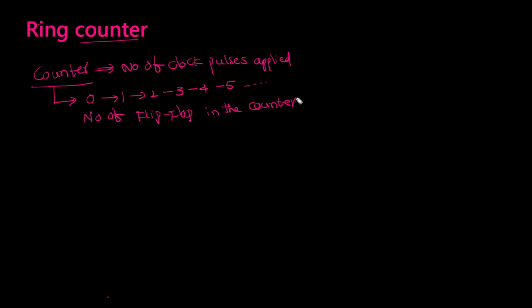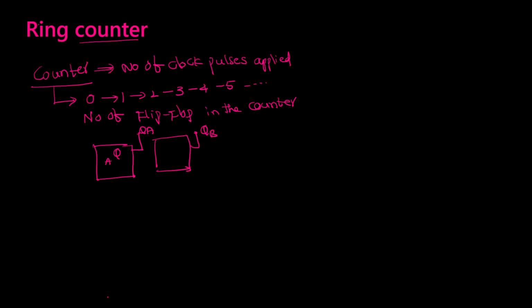Now if I take a counter which is made up of only 2 flip-flops, say something like this: I have a flip-flop, I have another flip-flop, I am taking output from this. Let us say this is flip-flop A, this is output QA, this is QB.